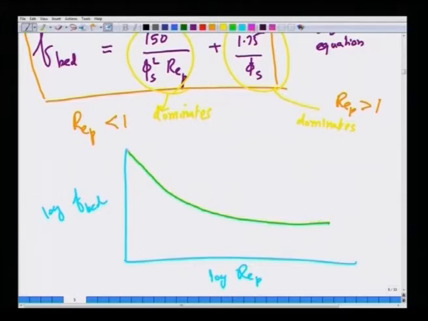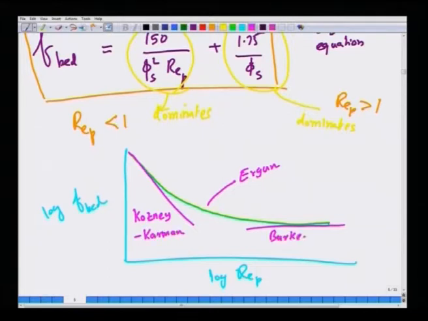So, at low Reynolds numbers you have the Kozeny-Karman equation, at higher Reynolds numbers you have the Burke-Plummer equation, and at intermediate Reynolds numbers you have the Ergun equation. Okay. So, this is how one predicts pressure drop in flow through packed beds.